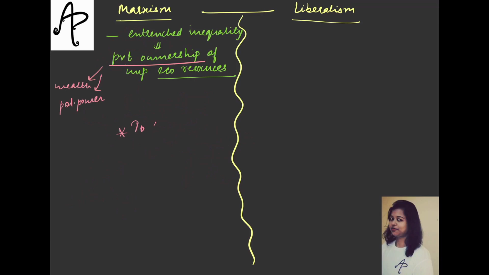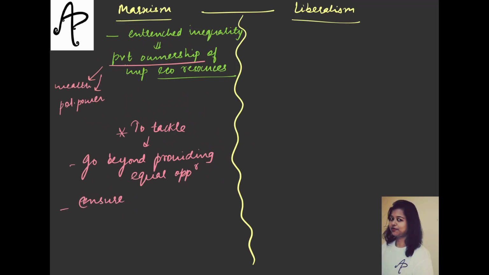So according to them, to tackle such things, you need to go beyond providing equal opportunity, and then you ensure public control over essential resources. It is the state that should control, and there should not be private ownership.